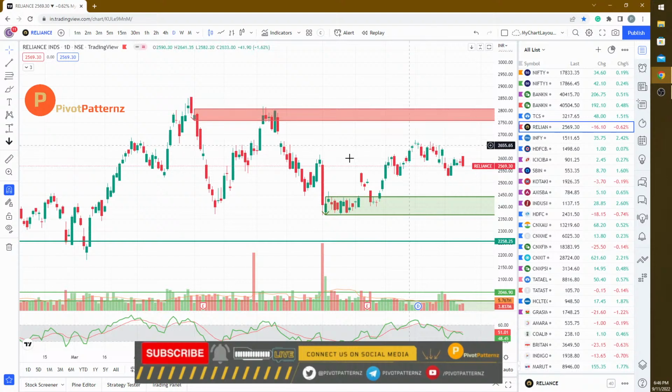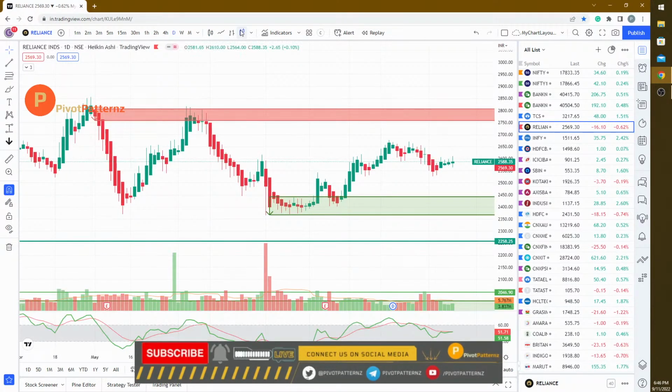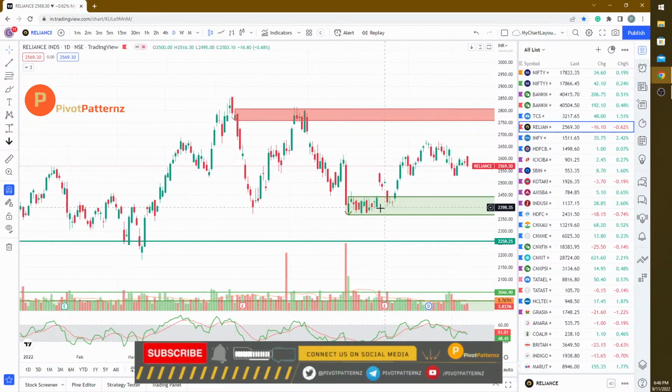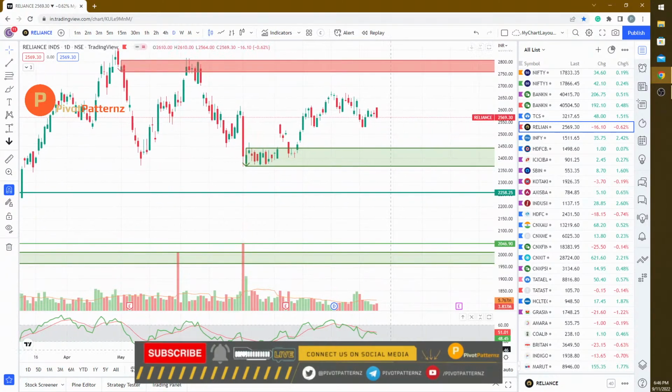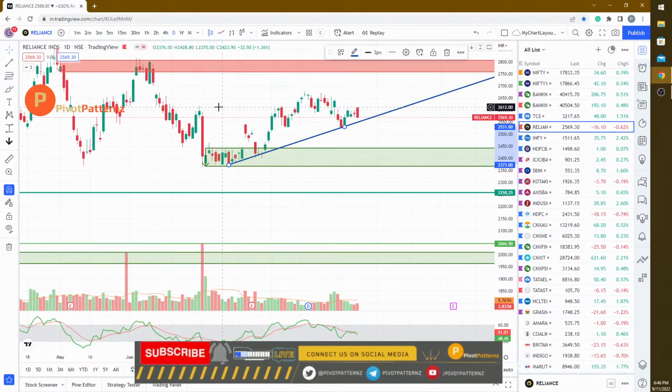So if we happen to trade above this, let me put this. I don't see anything convincing, but you can clearly see if you draw a trend line, there are chances that Reliance can be a dark horse.